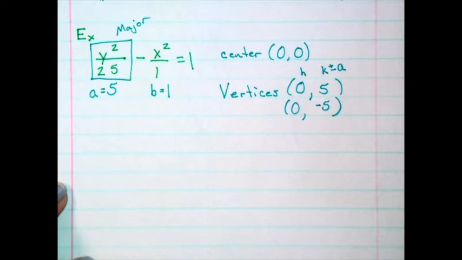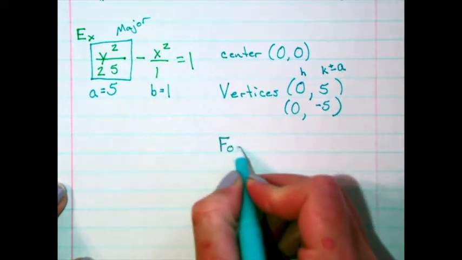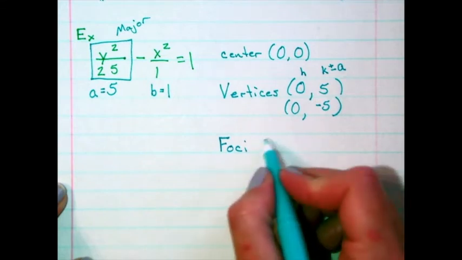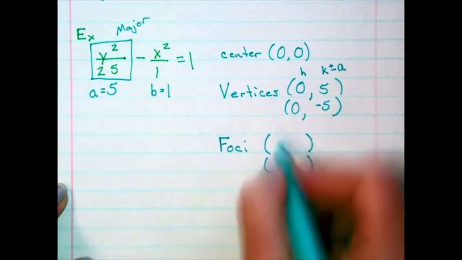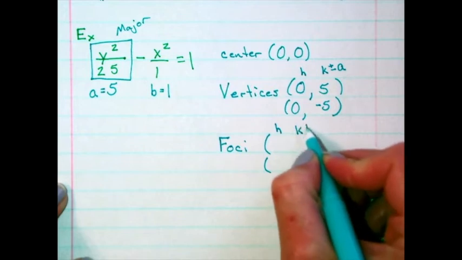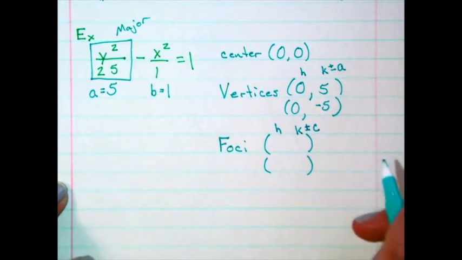We also still need to find the distance to our focus points. This is still going to be h, and this is going to be k plus or minus c. Now we have to find c, and in this case c is going to be different than it was for an ellipse.